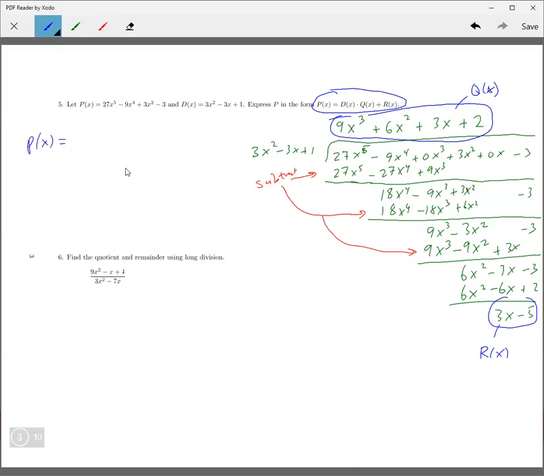So p of x is equal to the divisor, which is this one, times the q of x, which is that one, plus the remainder. Okay, that's going to be the answer right there.